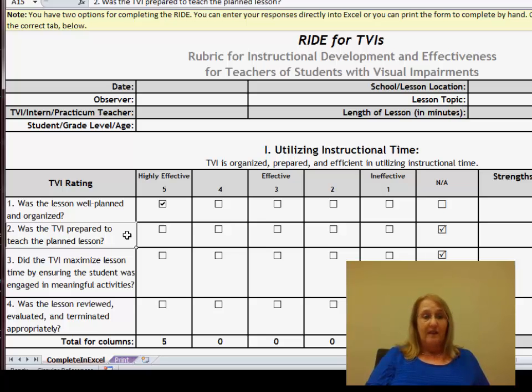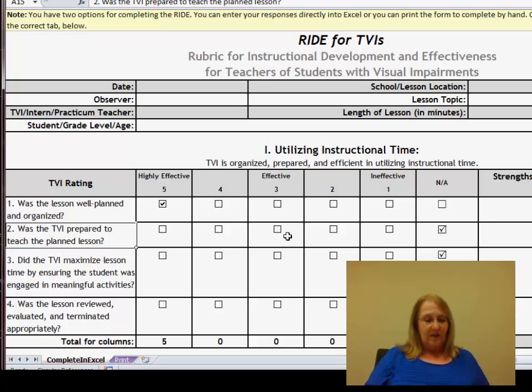Did it seem like they were fumbling and shooting from the hip, or the TVI knew exactly the purpose of the lesson and what they were trying to teach? So you would look for those indicators of how organized and how prepared the TVI was, and then you would rate whether they were effective or highly effective or ineffective, somewhere along that scale.